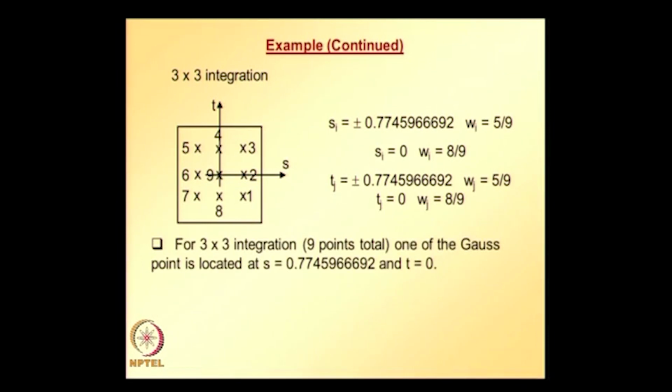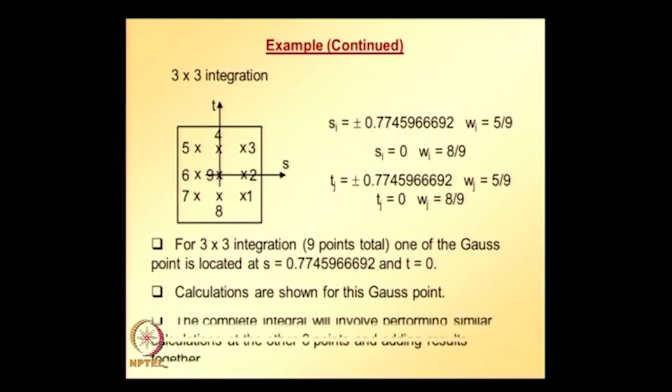So, for 3 by 3 integration, 9 points in total, one of the Gauss points is located at this, and calculation details are going to be illustrated for this particular point. Calculations are shown for this point. The complete integral involves performing similar calculations at the other 8 points, adding results together.